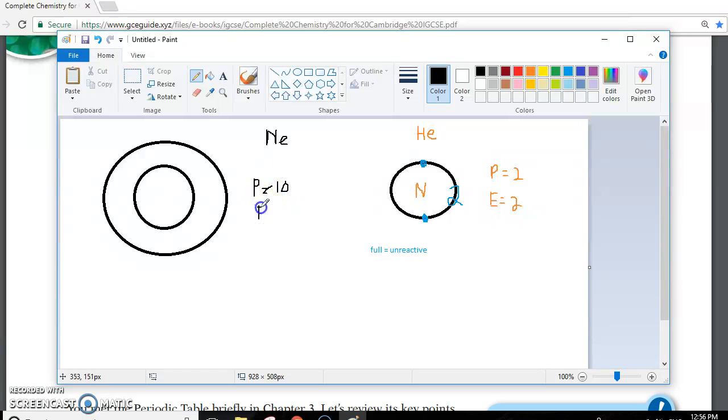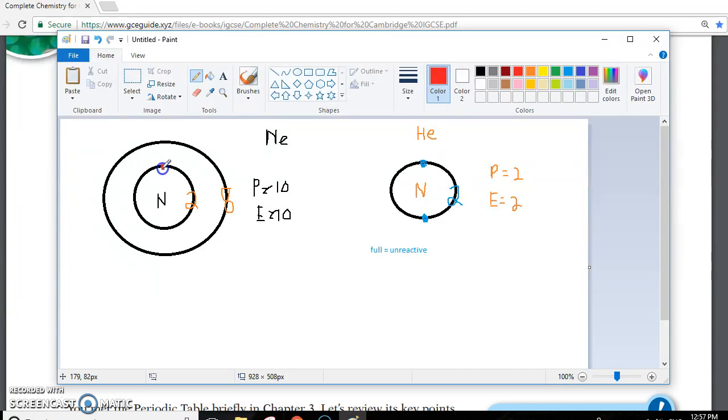I always like to write them out. The more practice, the more you'll remember. Okay, and so let's go ahead and start putting them on there. Here's our nucleus. We start with the first shell, and it can only hold up to 2. And the second one can hold up to 8. And we know we have more than 2 electrons, so we are going to use that second shell. So let's start placing them.